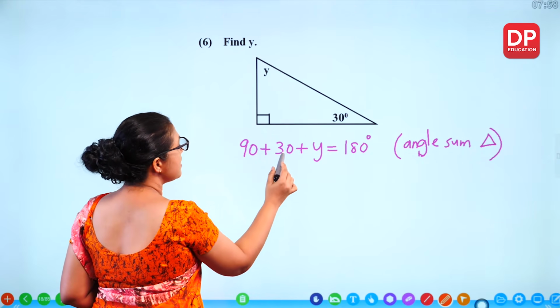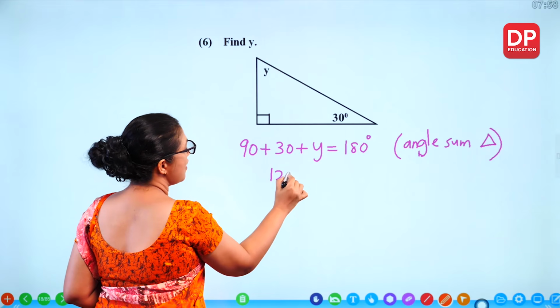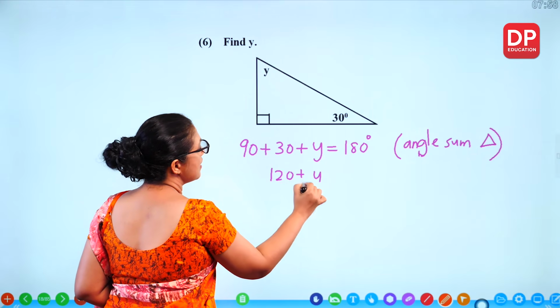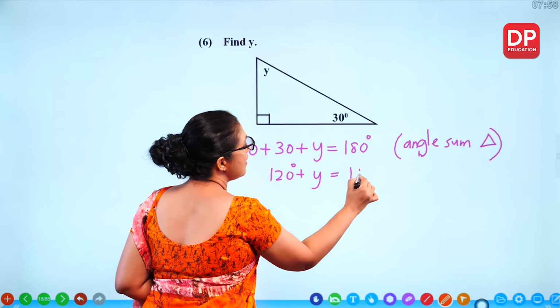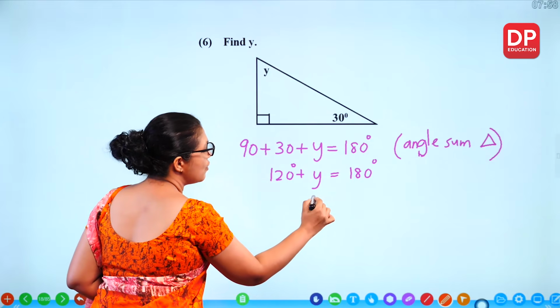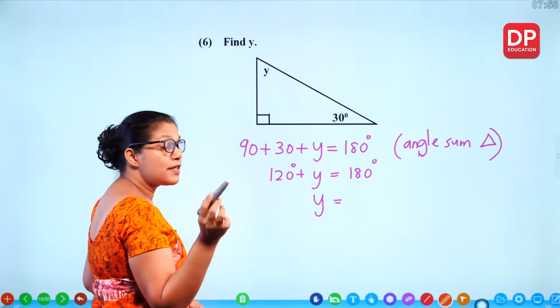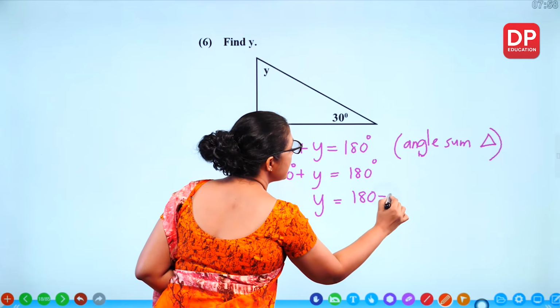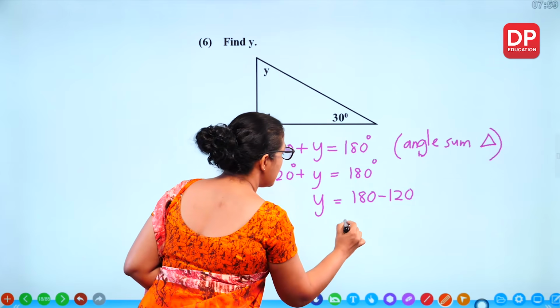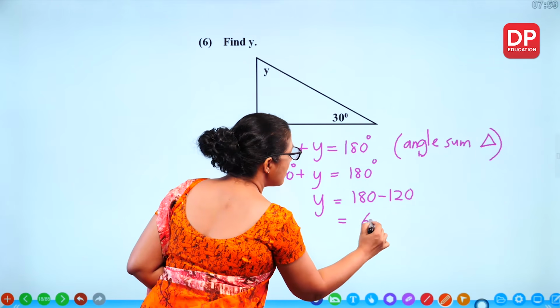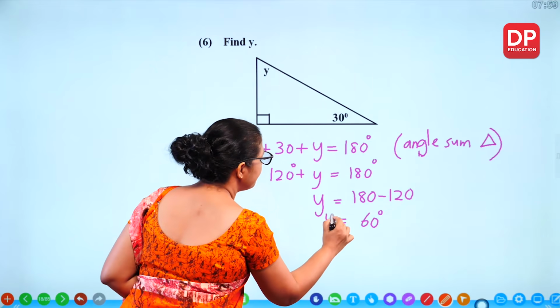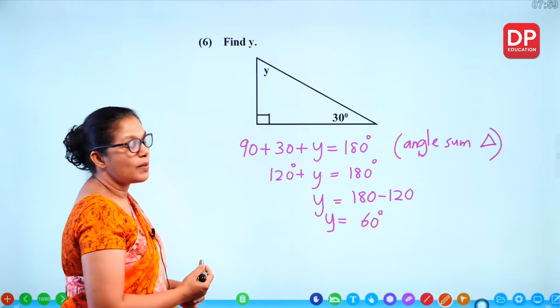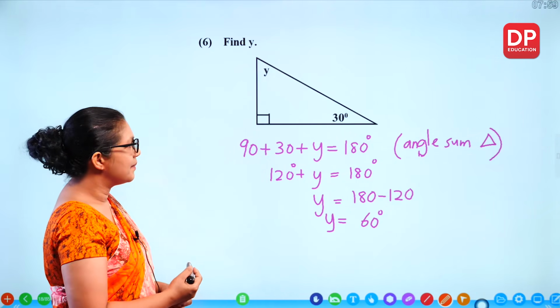Then 90 plus 30 is 120. Then how can you find the y value? Subtract 120 from both sides. 180 minus 120 is equal to 60 degrees. So y equals 60 degrees.